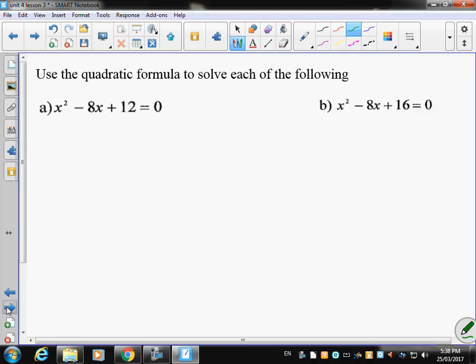Now here's another recall. We were able to find x-intercepts, so solve, find x-intercepts, or roots, or zeros.